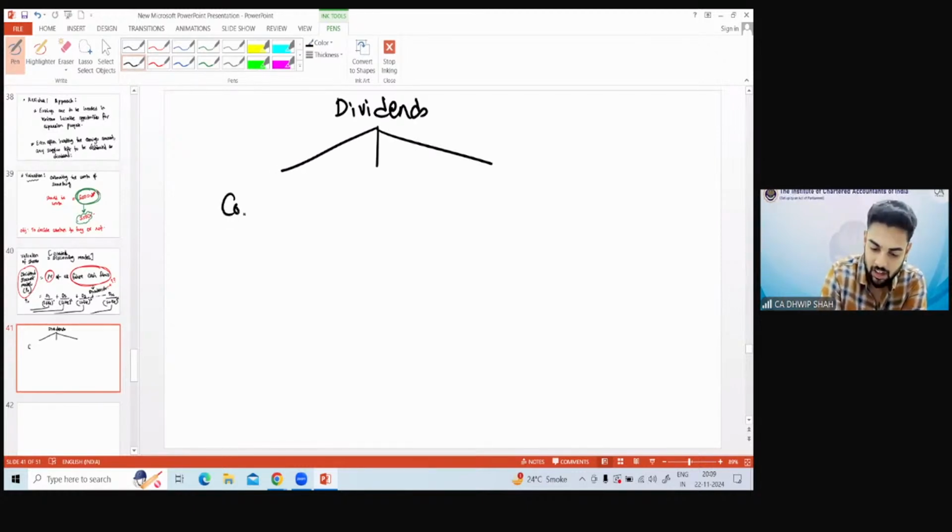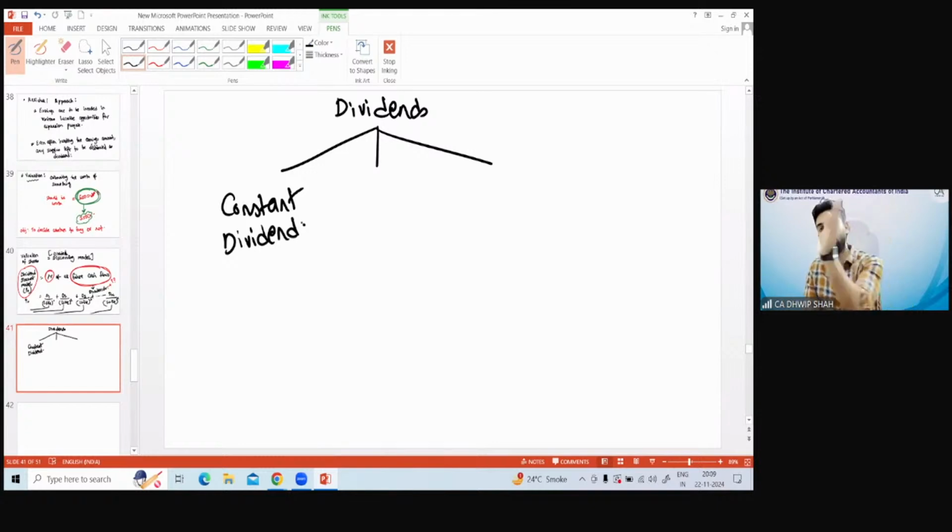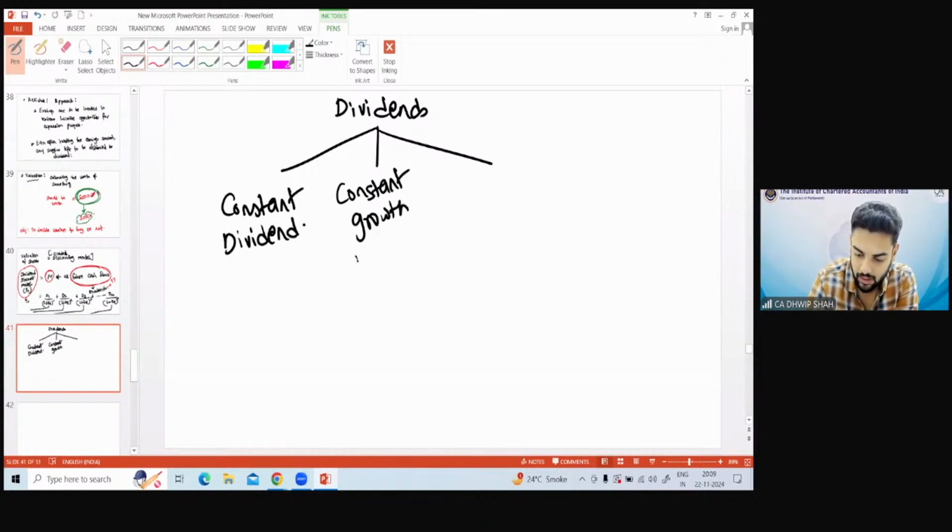One is constant dividend in future, meaning the dividend amount every year would remain the same. This could be one assumption. Yes or no? Second is that there is growth in dividend but at a constant rate. So constant growth of dividend.